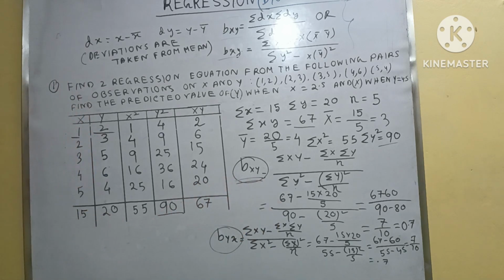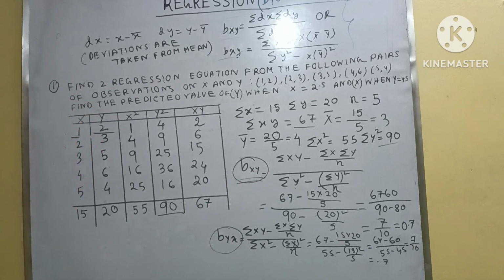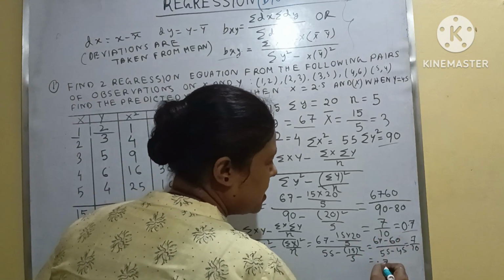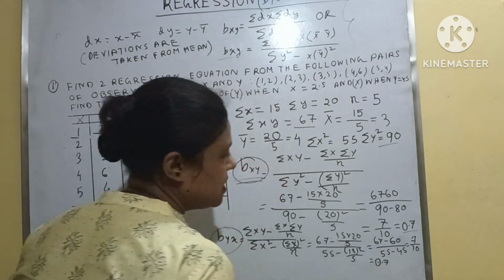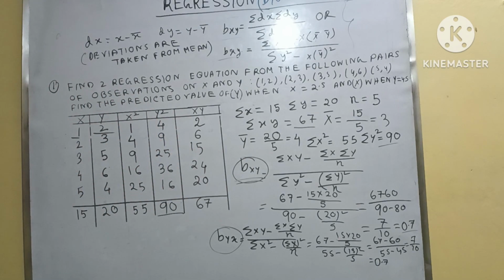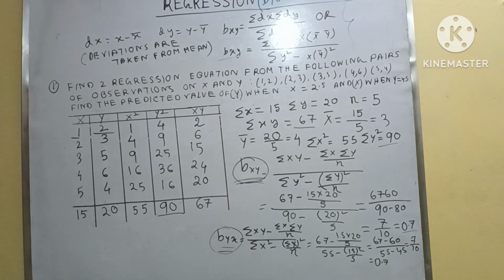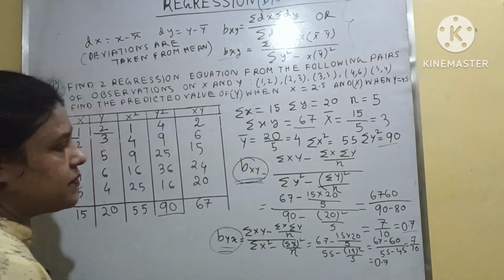Only here the values of bxy and byx are the same, 0.7 and 0.7, but these values are not always the same. We usually get different values for bxy and byx, but unfortunately here the values are the same, 0.7 and 0.7.